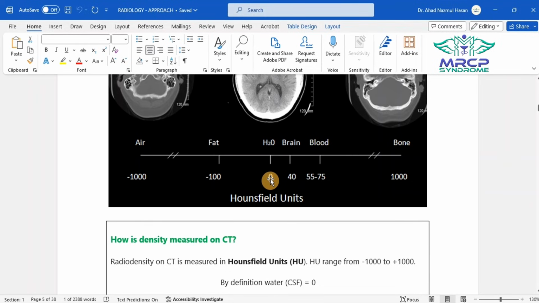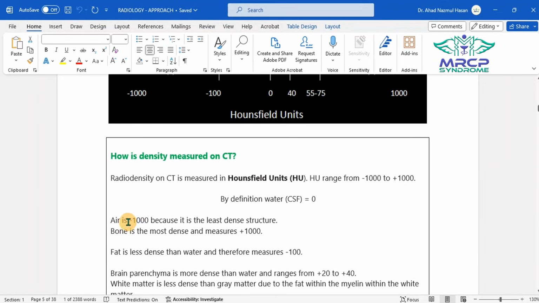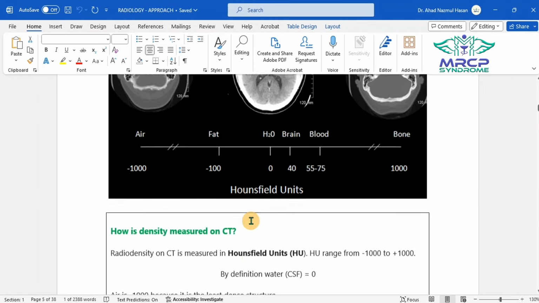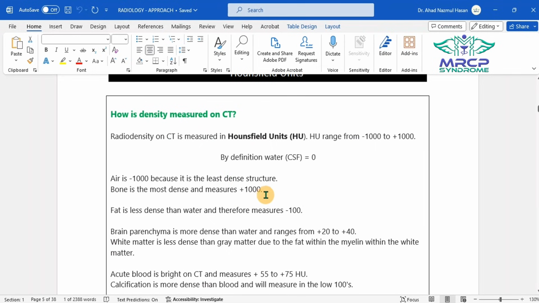The water and CSF will usually appear as isodense in the CT scan. The air is minus 1,000 because this is the least dense structure. So the air or pneumothorax in case of lung pathology will be hypodense with the highest degree of hypodensity. And bony structures have the highest degree of hyperdensity, which is plus 1,000.